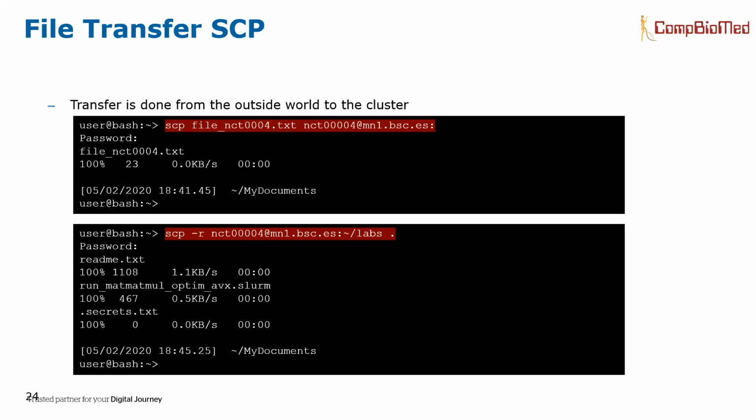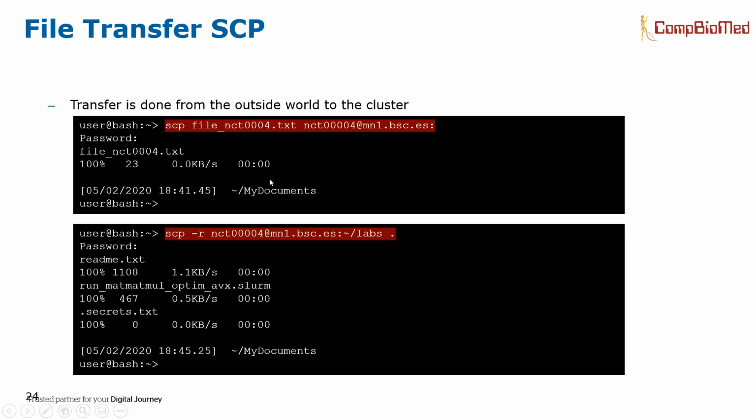So if you have data on your local computer, you always need to be outside of Mainostream to do the transfers. For example, if I have a text file on my local computer, you can see here that I am on my personal computer, I'm not in Mainostream. So I do SCP, the file, and I copy it into Mainostream, which comes afterwards. I will have to type in my password, of course, and the transfer will start.